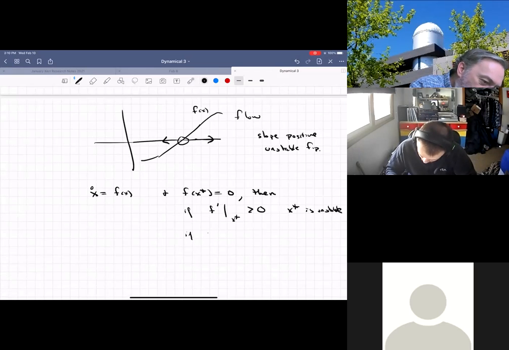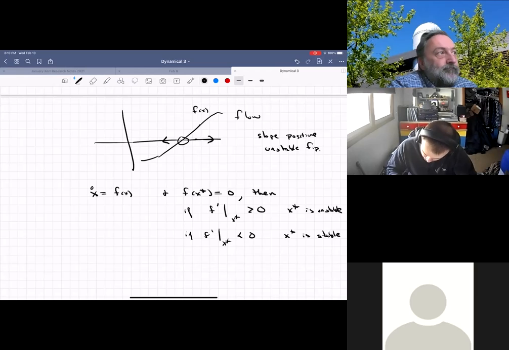And if f prime evaluated at x star is negative, then we say that x star is stable. Okay, that good?